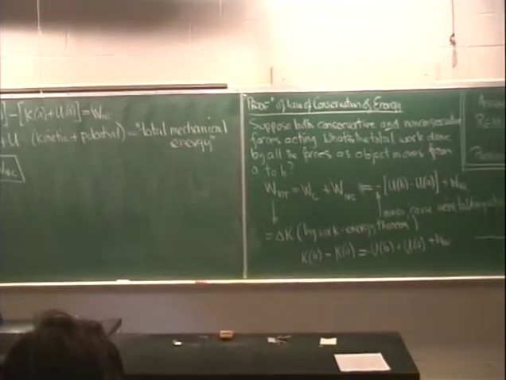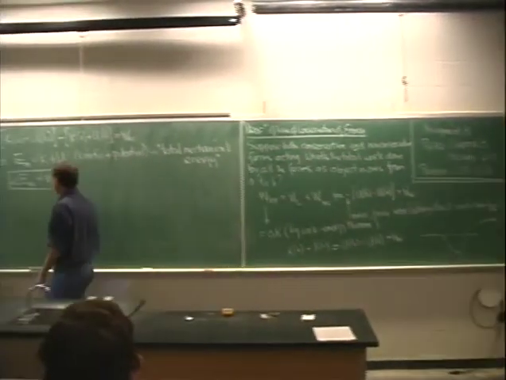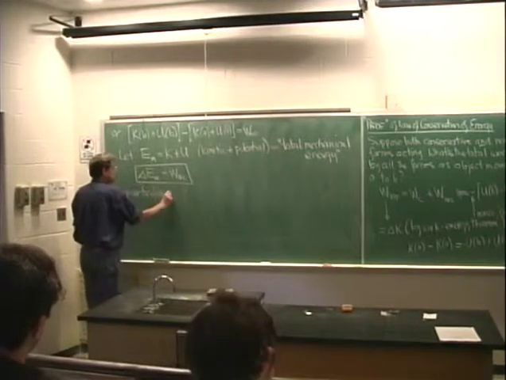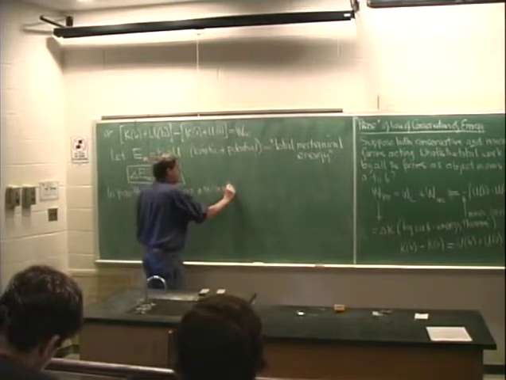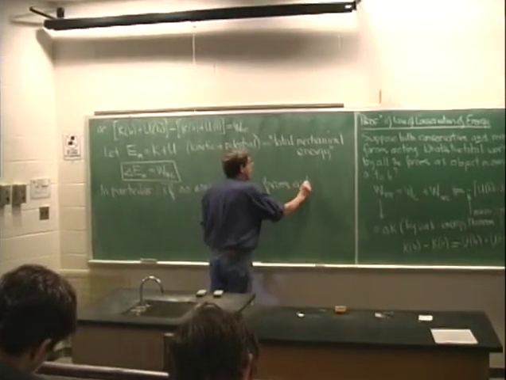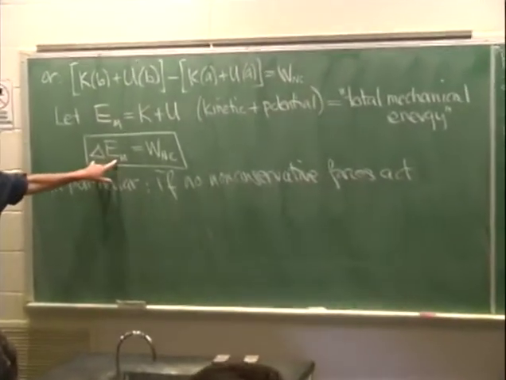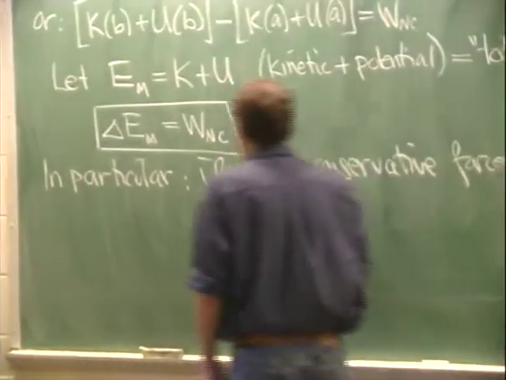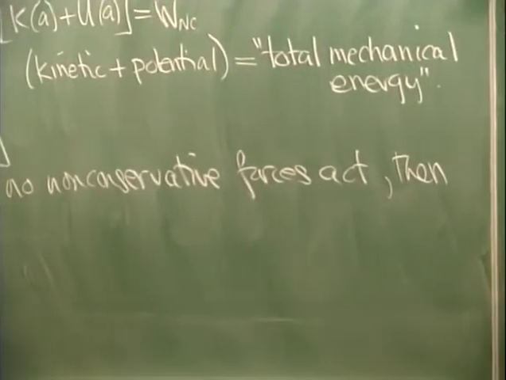Well, what do I make of this? Suppose no non-conservative forces act. If there are no non-conservative forces present, no friction or anything like that, then the change in mechanical energy is zero, which is to say that the mechanical energy is conserved.